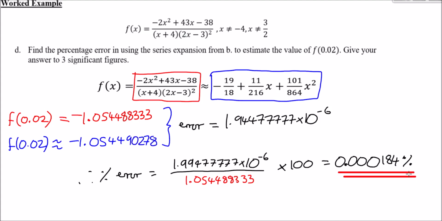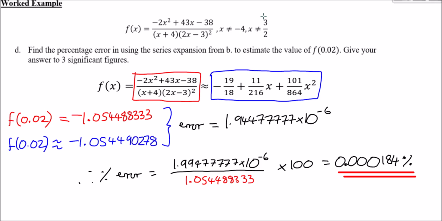Why is the approximation so accurate? Well, it's because of the range of validity. If x is much smaller than the range of validity, then the approximation is much better. As you approach the limit of the range of validity, it is not as good an approximation. And of course, when you go beyond the range of validity, the approximation isn't valid at all.